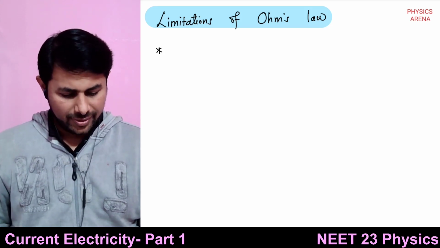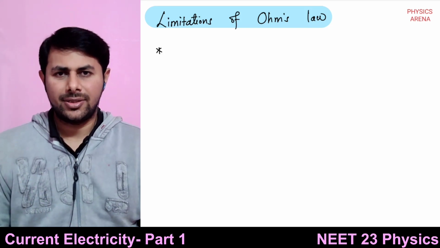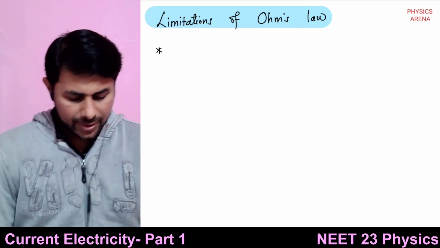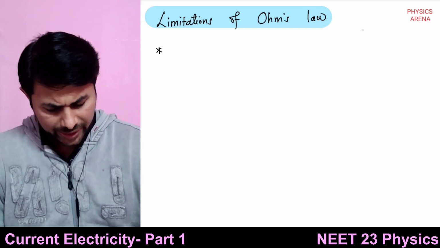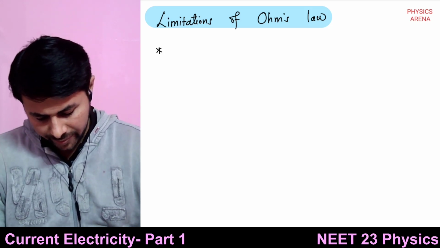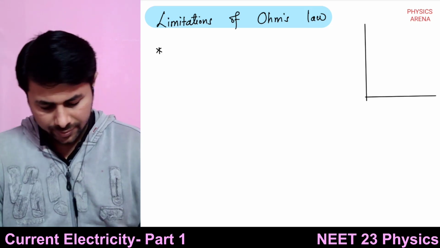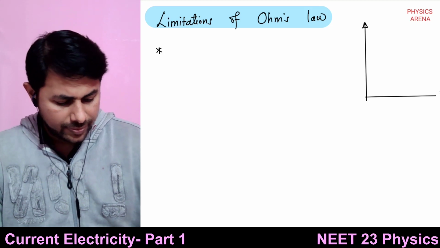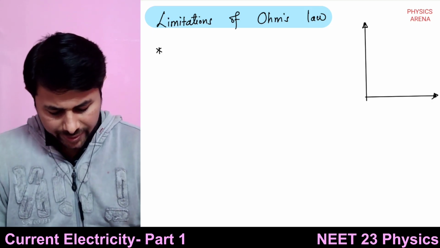Therefore, different materials show different kinds of curves. So what will be the curve between V and I? If you take Ohm's law, I is directly proportional to V, or V is directly proportional to I. So if we plot current versus voltage, what should we get?